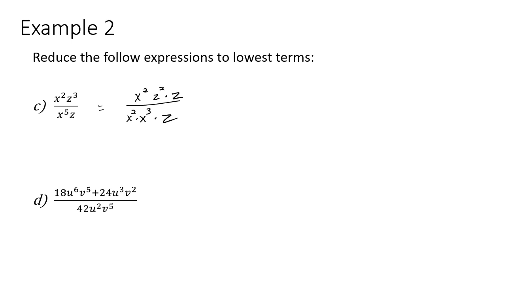And so now that I've broken up the bigger powers into pieces that match up with the smaller powers, the x squares can divide each other away, the z to the first powers can divide each other away, and what we're left with is z squared over x cubed. Right? And again, the idea is to factor out the greatest power in common, not the greatest power period.